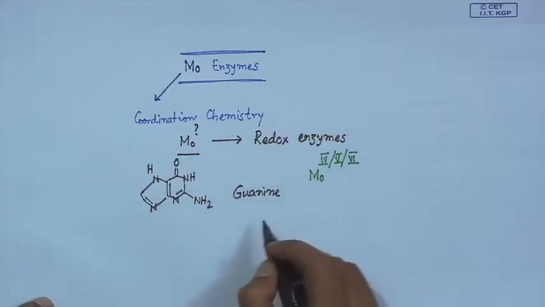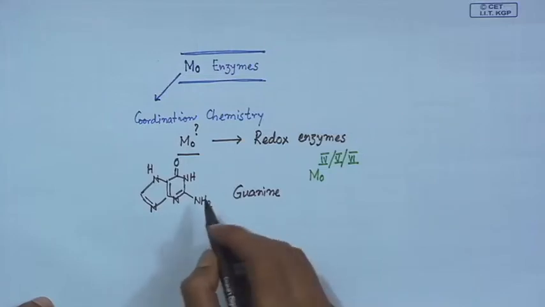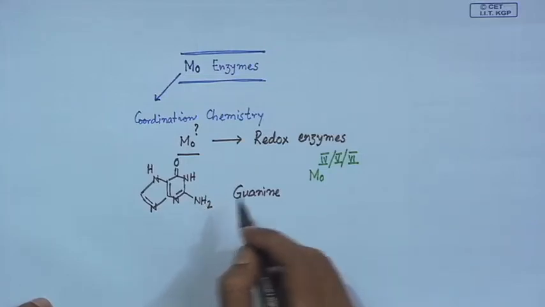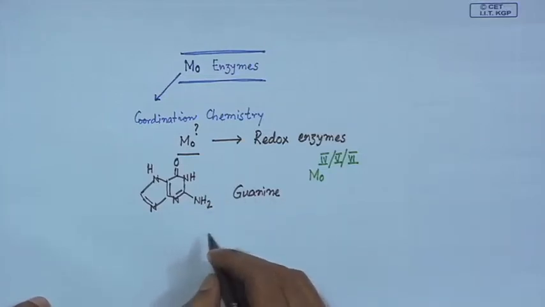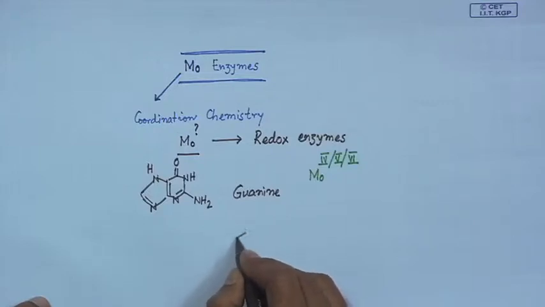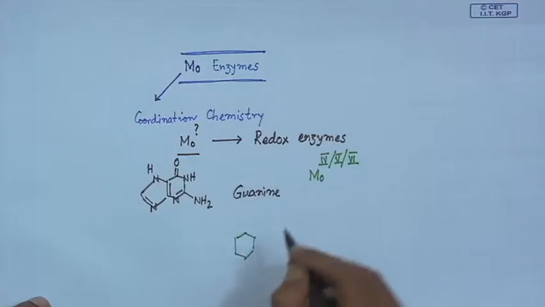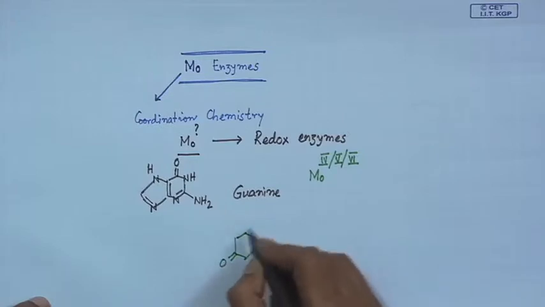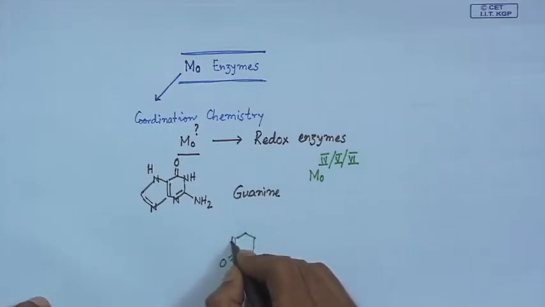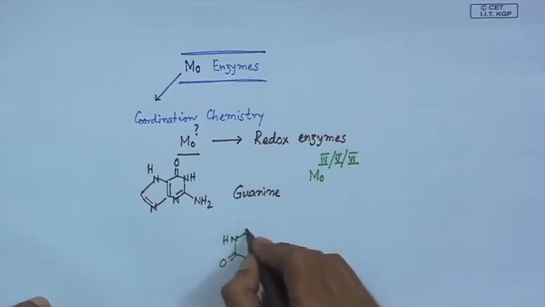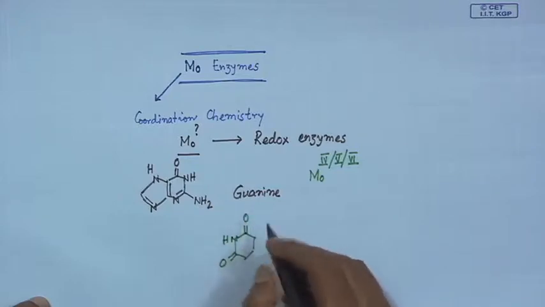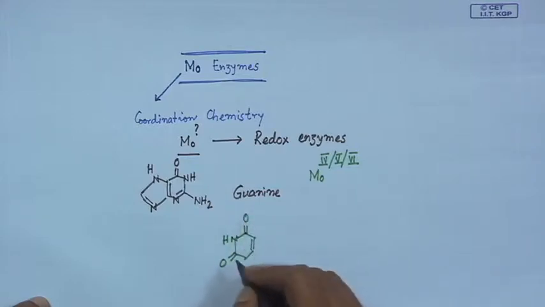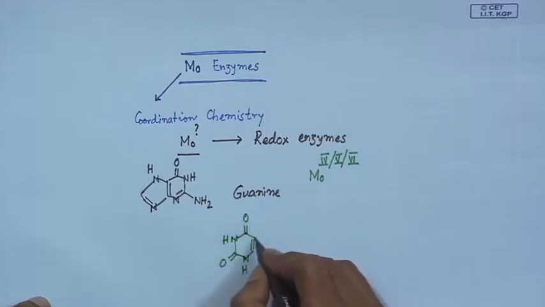This guanine molecule can generate something very much related to our xanthine molecule. So, we should know what that xanthine is, and whether we can get that molecule from the basic ingredient, our guanine molecule.